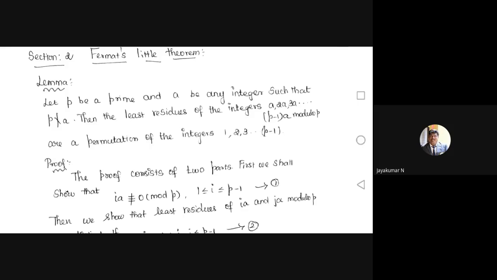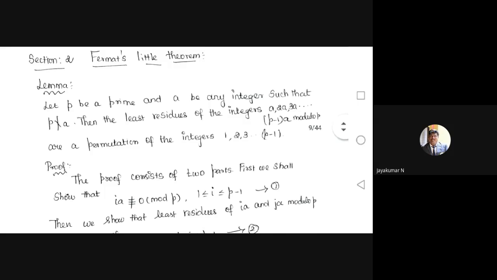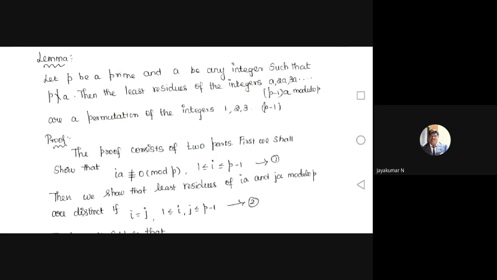Then the least residues of the integers a, 2a, 3a up to (p minus 1) into a modulo p are a permutation of the integers 1, 2, 3, etc. up to p minus 1. So this is the lemma needed to prove Fermat's little theorem.